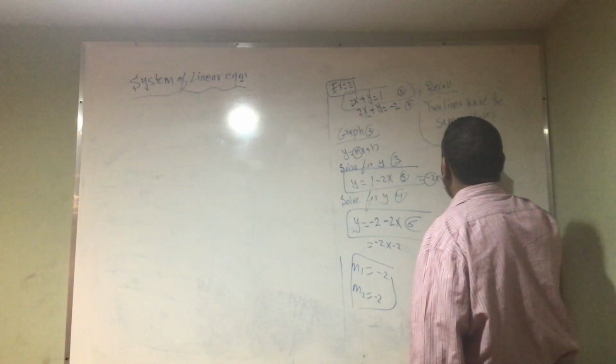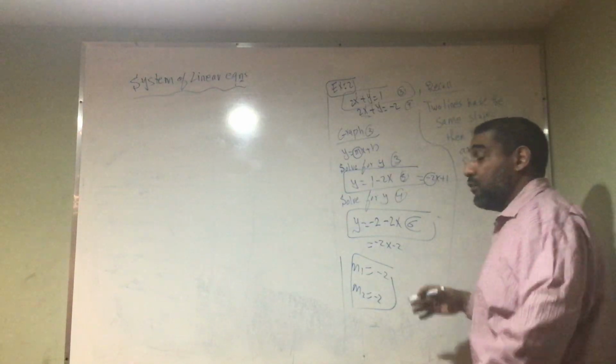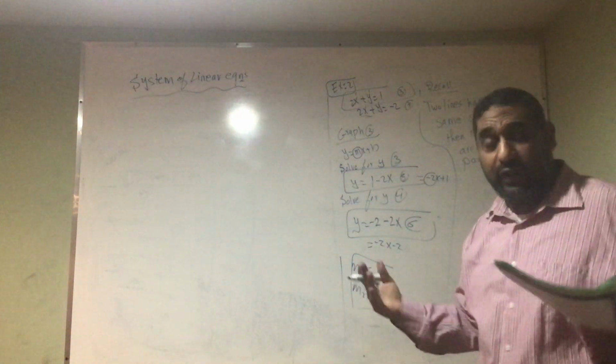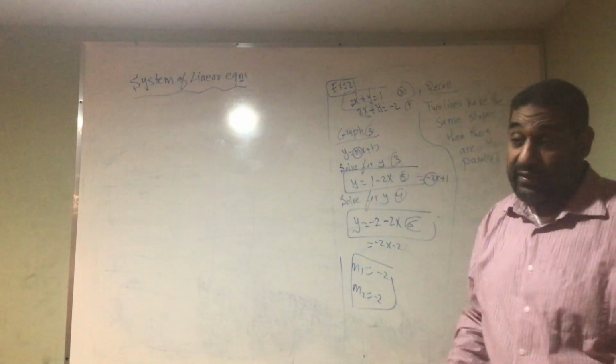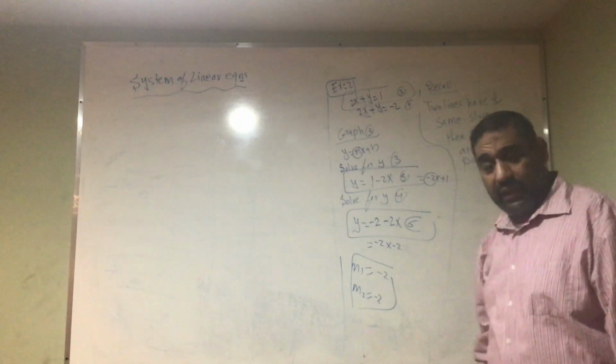What do you mean by parallel? Parallel means they never intersect. If they never intersect, there is no solution. So up to this remark, that's one way to solve this problem.